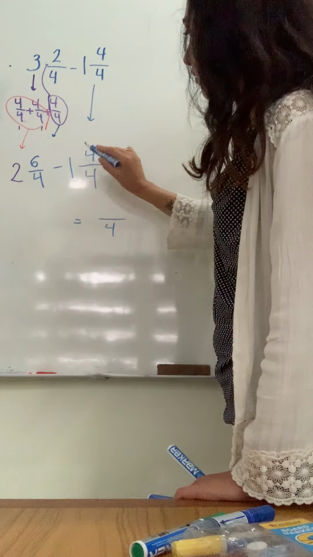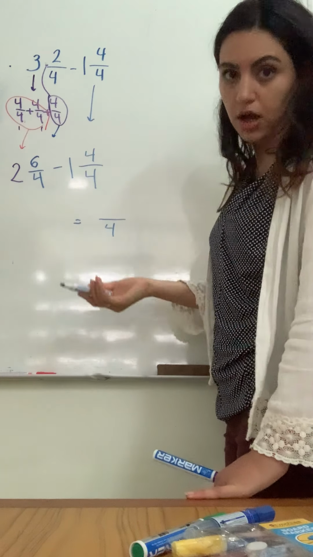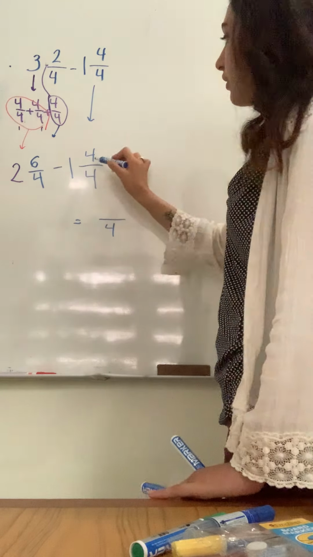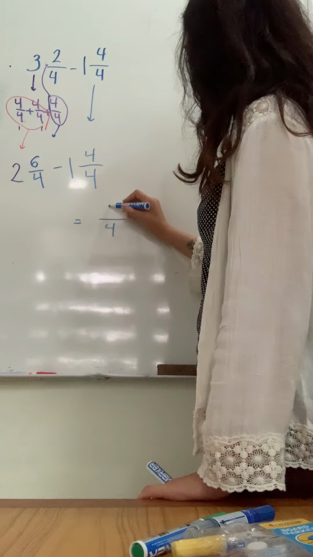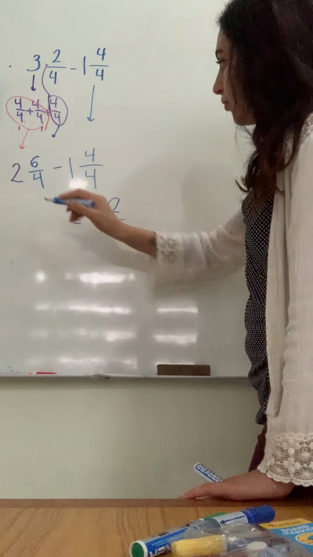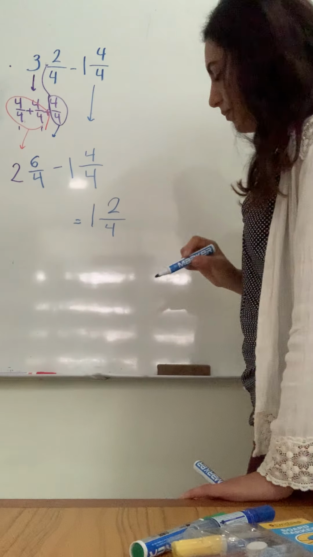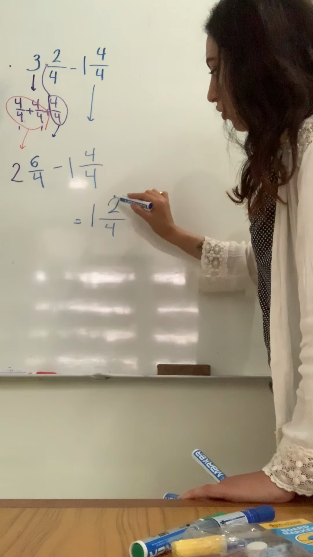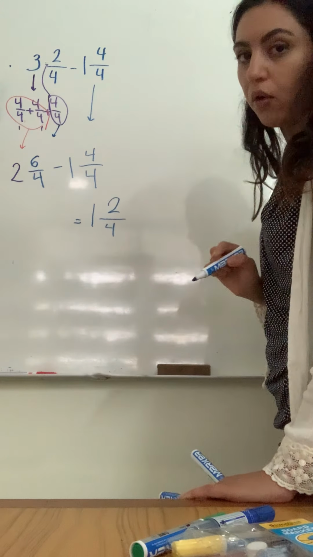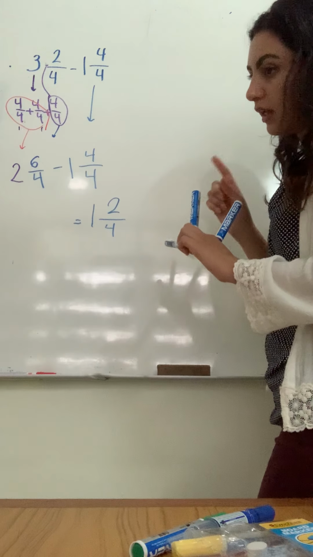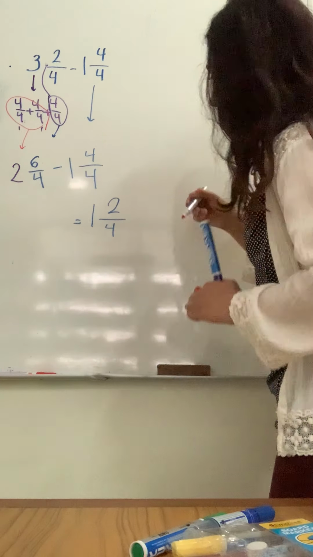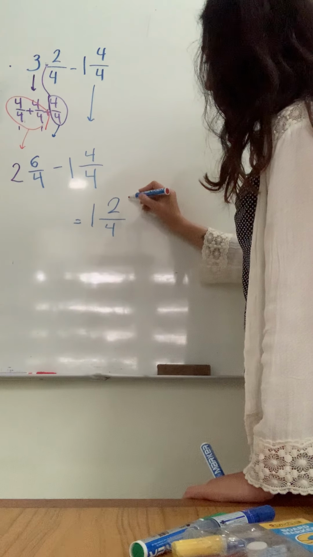So 6 minus 4. Now we can do it, right? 6 minus 4, 2. 2 minus 1, 1. So we have 1 2/4.